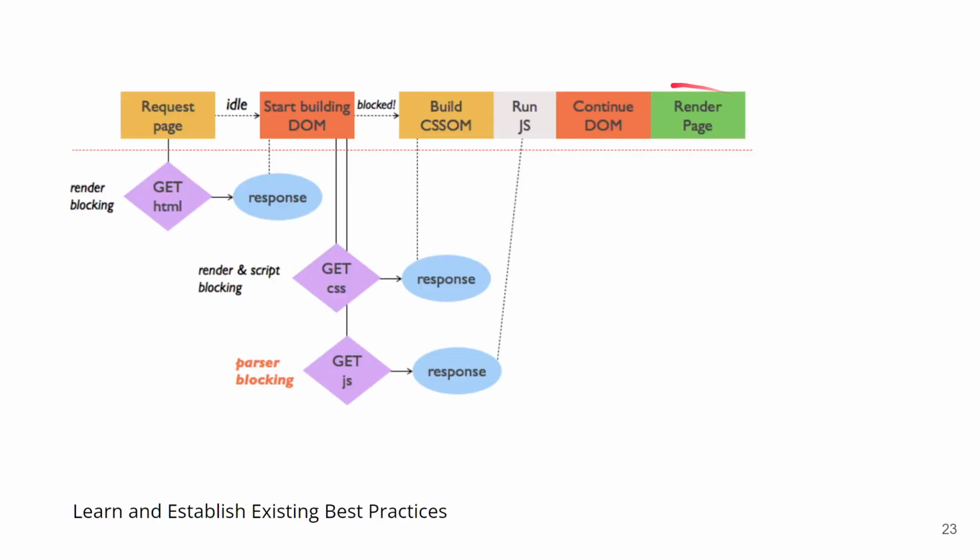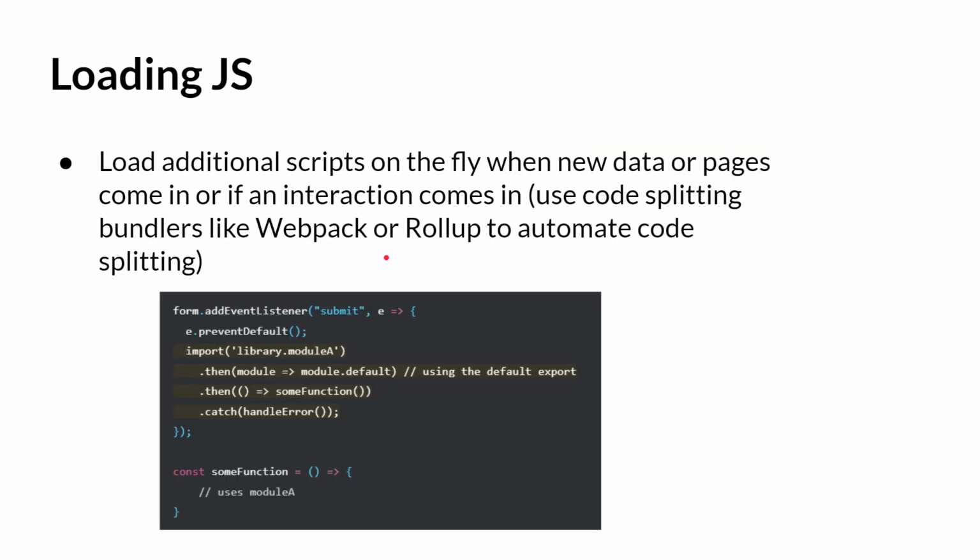So we want to again put the running of JavaScript at the end of the render page. Additionally, load additional scripts on the fly when new data or pages come in or if an interaction comes in. So you want to use code splitting bundlers like Webpack or Rollup to automate code splitting.